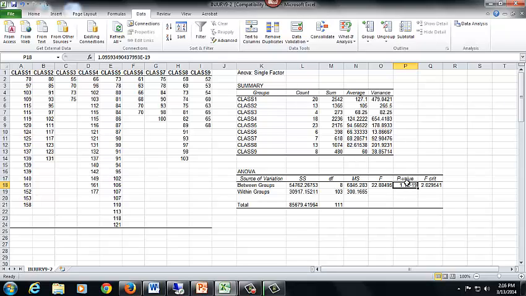I am going to reject H0 and say there is a difference in the number of injuries across the 9 classes. And then I can go in here and analyze, okay, which one has the most number of injuries? I seem to see in class 1, and I can go through and analyze that data a little bit more.